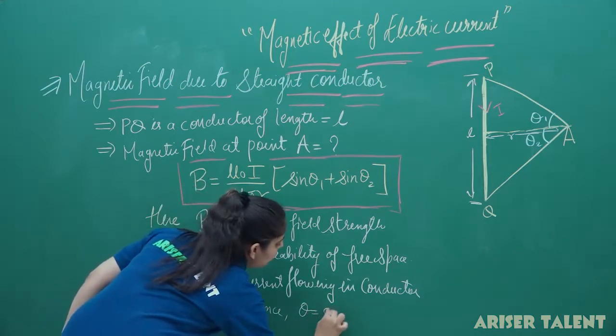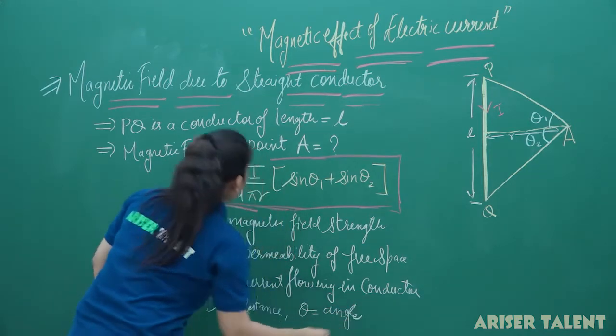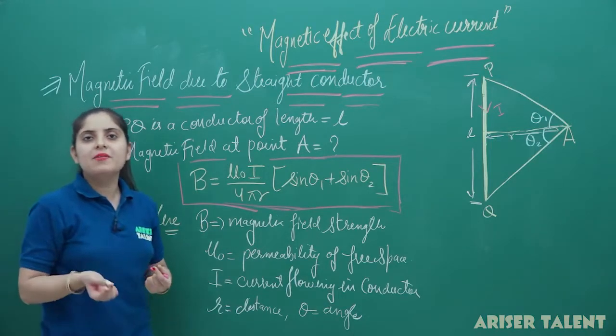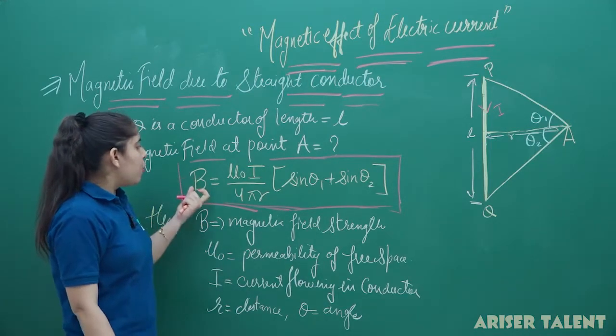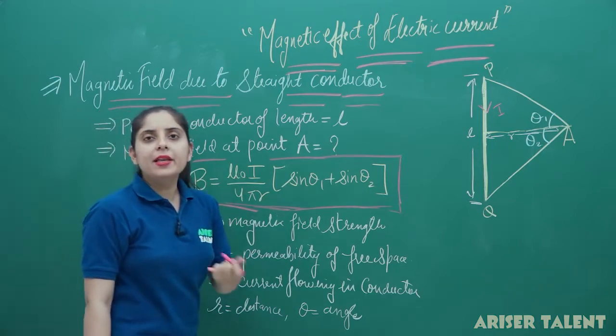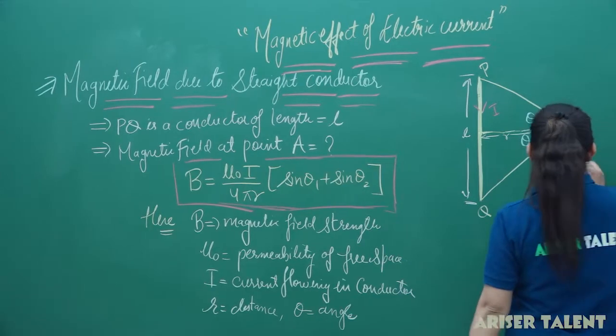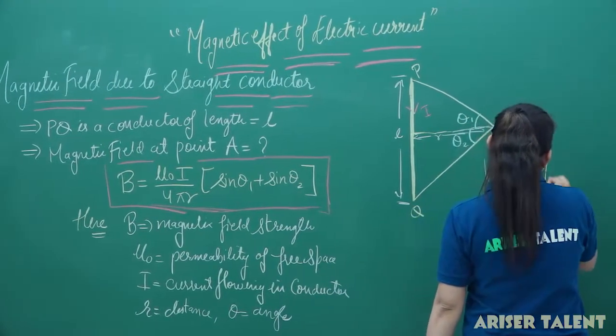Theta is our angle. And 4 pi is a constant, where the value of pi is 22 upon 7, that is 3.14. Now, what is the unit for the magnetic field? The unit for the magnetic field is Tesla.